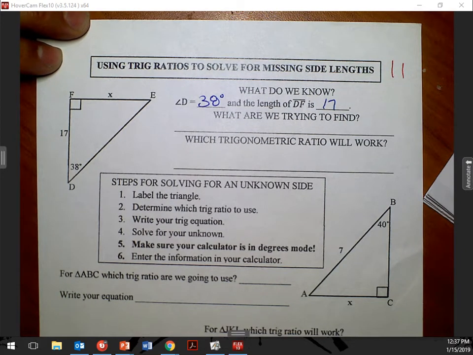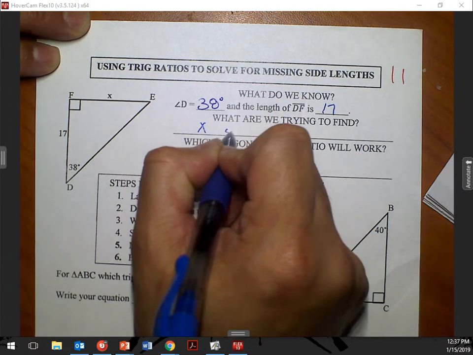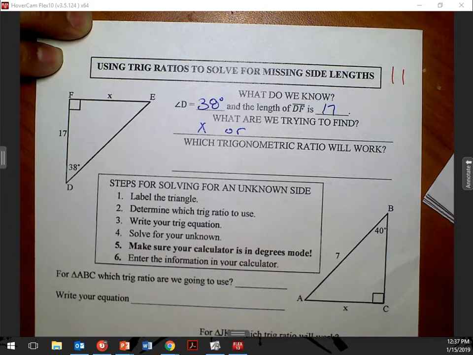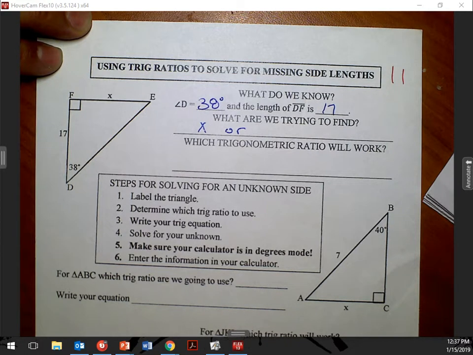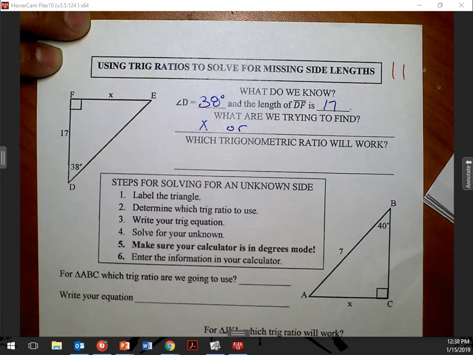What are you trying to find? The opposite. Nope. Reverse. What is that? What's the name of that side? The adjacent. No. Hypotenuse.